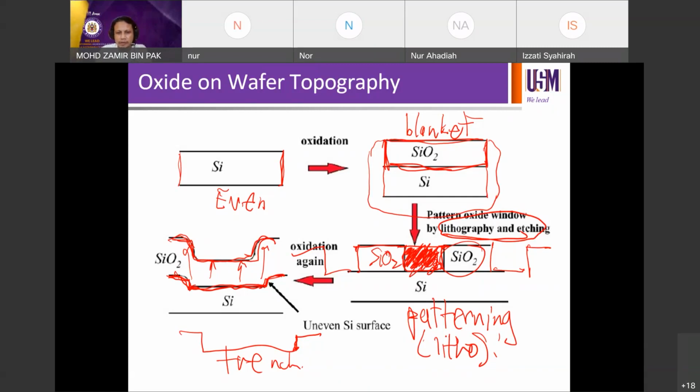Let me show a bit briefly before we learn the details later on. Once you remove the silicon dioxide in the middle, it is empty, and you can then etch the silicon at the exposed region. Etch is removal. We will cover it later on. Etch means remove.